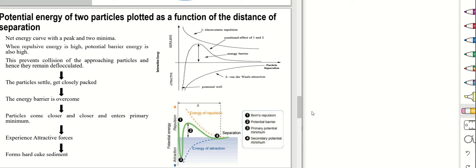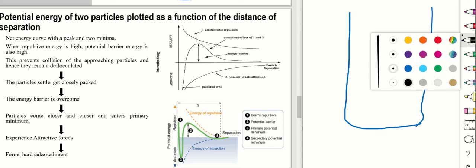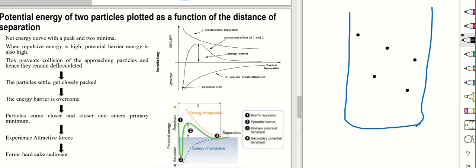Now, let us consider this one as your beaker having suspended particles.